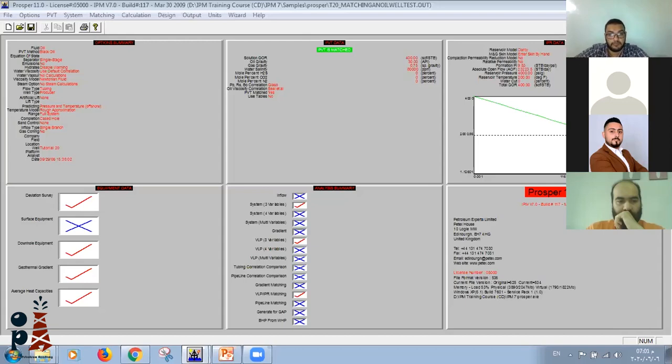But each phase has its own velocity. For superficial velocity, we say that, for example, you have a wellbore and only oil is moving there, so this is the superficial velocity of the oil, or only water is moving there, so this is the superficial velocity of the water.